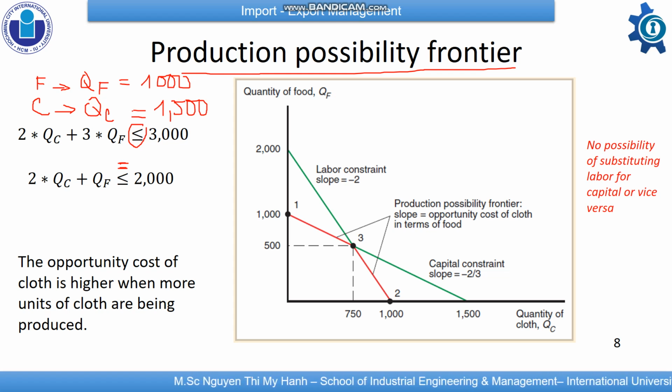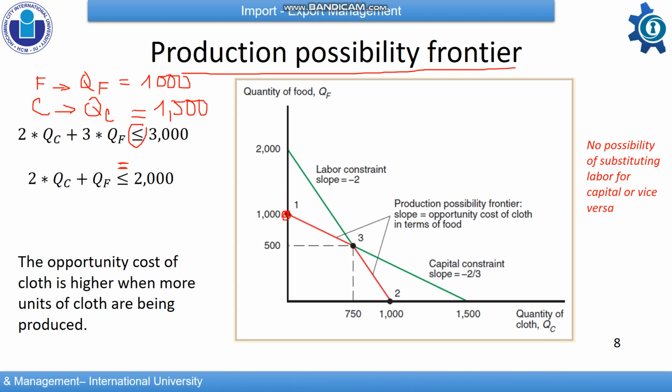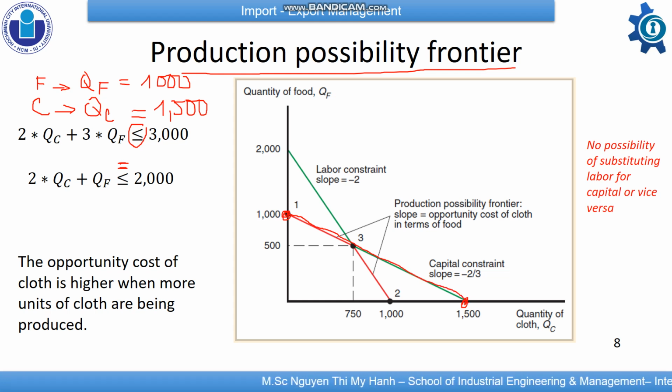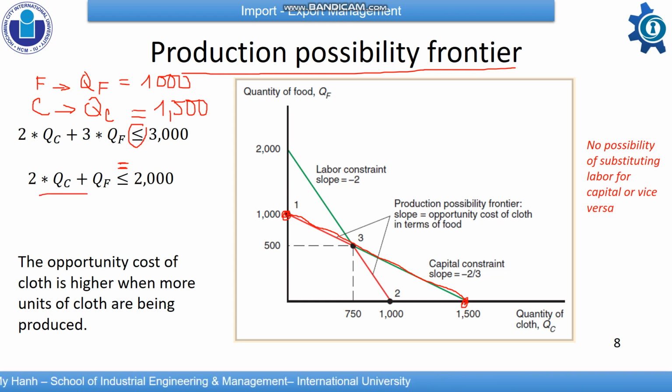So we have 2 points, that is QF is 1000 and QC is 1500. So we can draw this line. This line is the capital constraint. The second line we consider is the labor constraint.